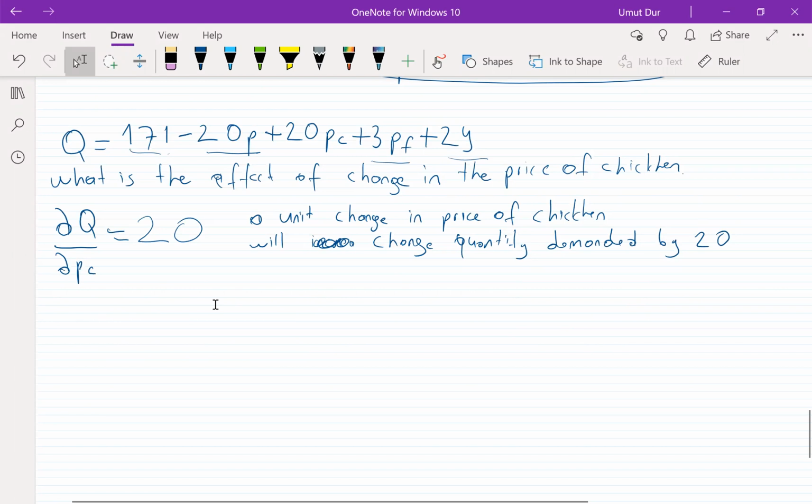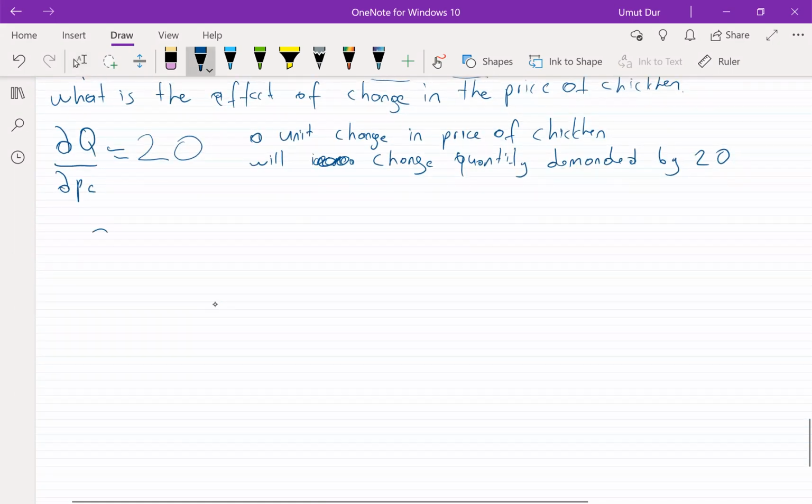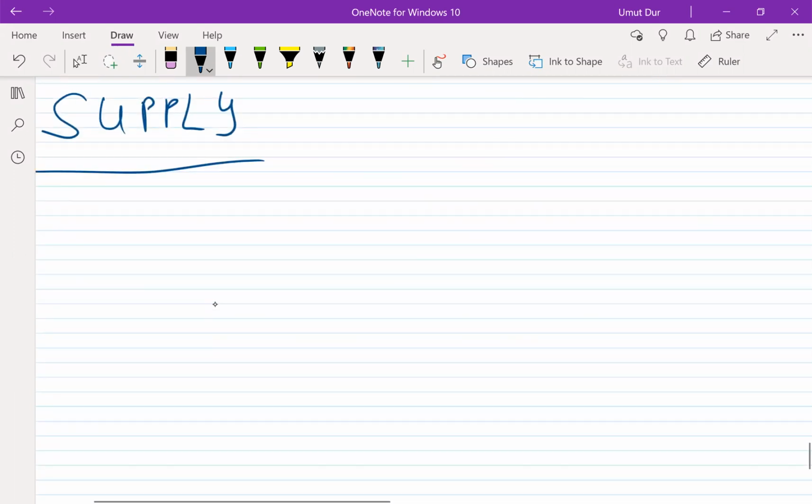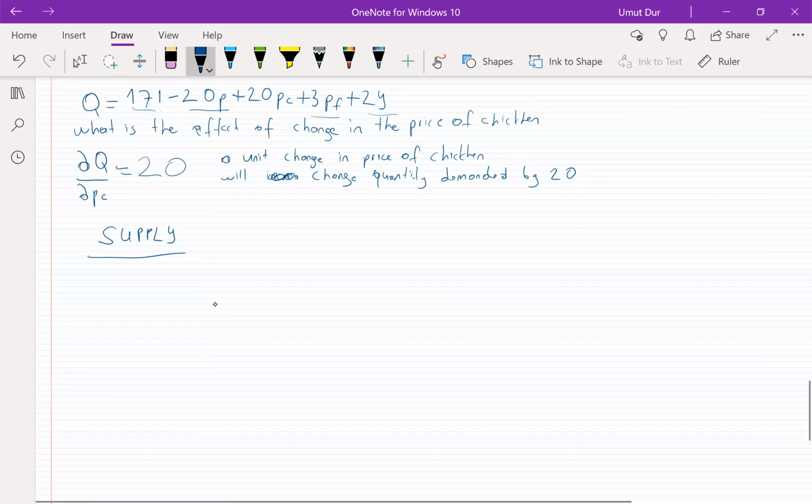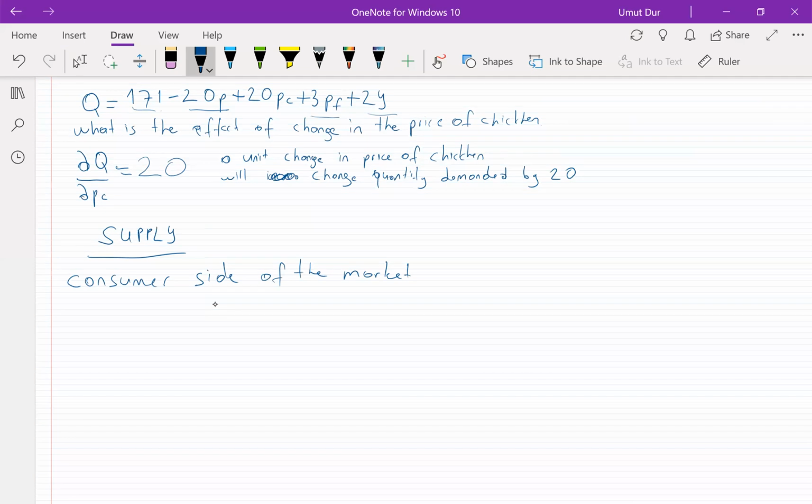So let's continue with supply. So far what we have done is we went over the consumer side of the market, which gives us the demand.